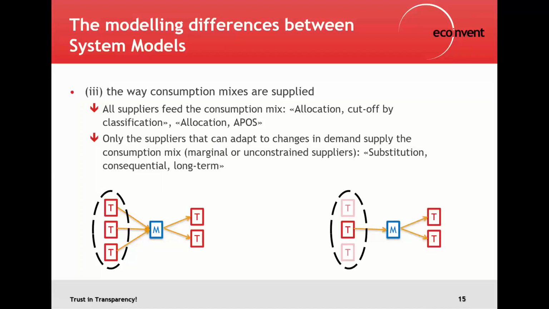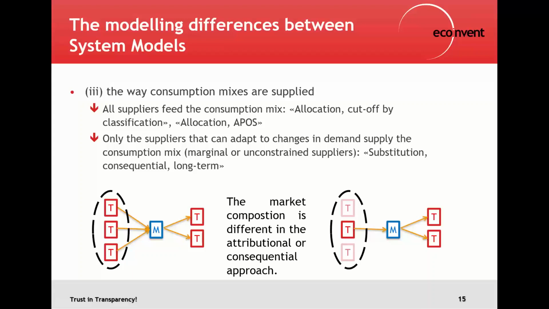In the case of the substitution consequential long-term system model, only the suppliers that can adapt to changes in the demand from the market can supply that market. Those are called the marginal or the unconstrained suppliers, and we are going to talk more about them and about constraint in consequential when we go to the details of the consequential system model.